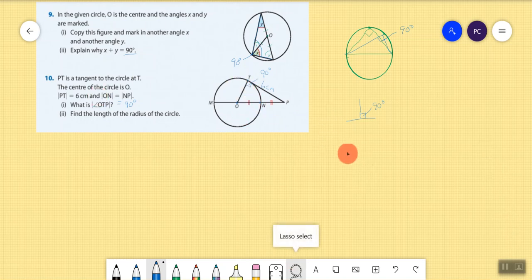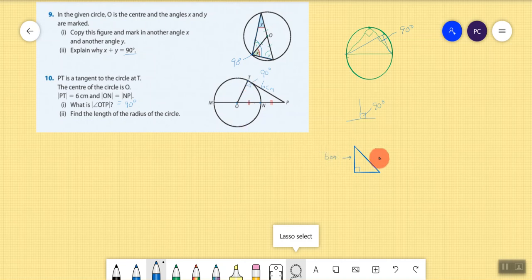If I take this triangle out, we have a right angle triangle, something like that. This here is a 90-degree angle. It tells us that this length here is 6 centimeters.